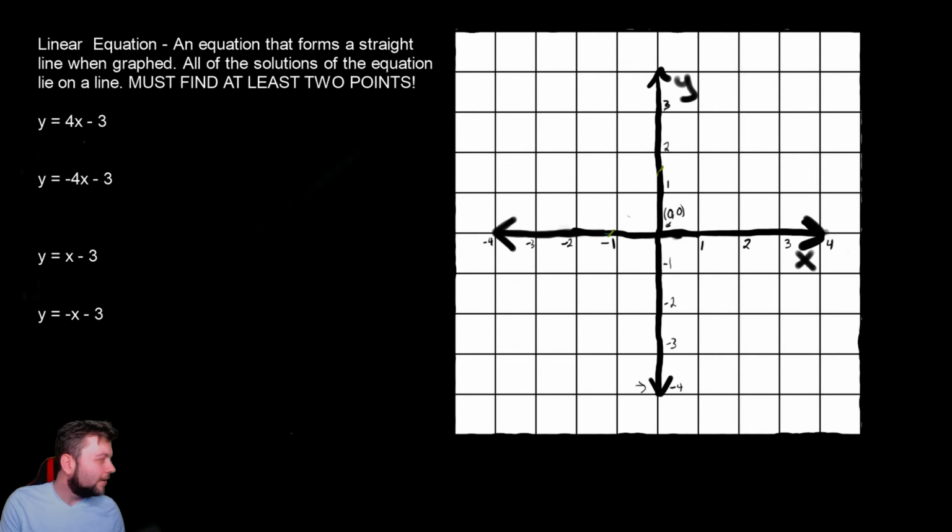Okay, and then let's talk a little bit about our problem here. So we have the equation of y equals 4x minus 3, and they're asking us to graph this line. So how do we go about graphing this line?